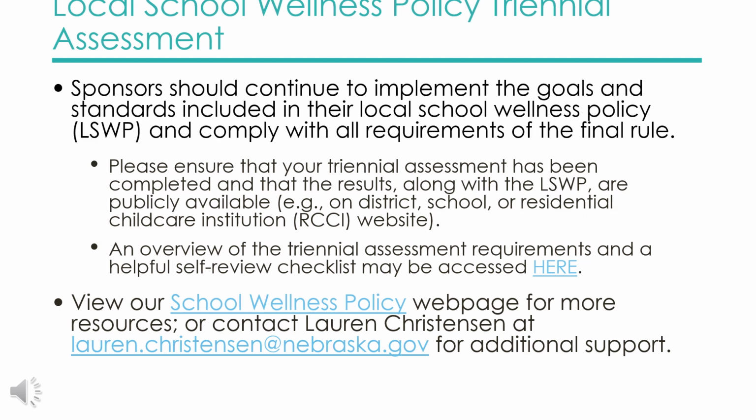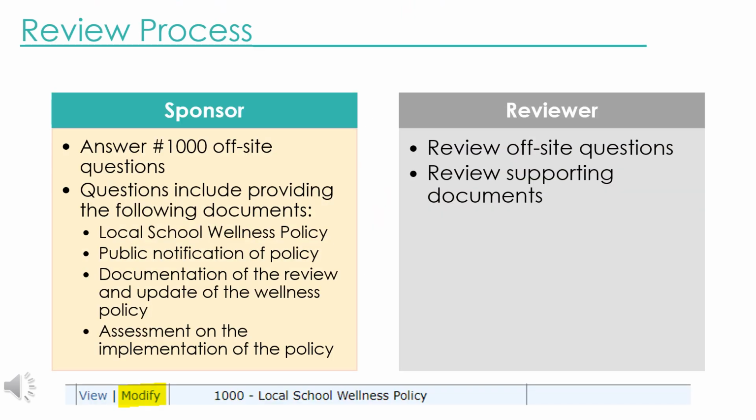During the administrative review process, the sponsor will be responsible for answering the 1000 series of offsite questions in CNP. There will be questions that include providing the following documentation. We will look at the local school wellness policy, the public notification policy, documentation of the review and update of the wellness policy, as well as assessment on the implementation of the policy.